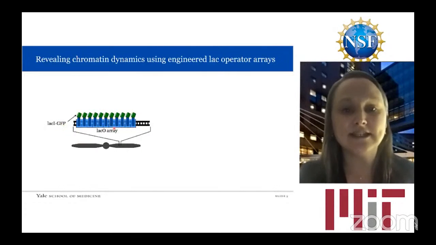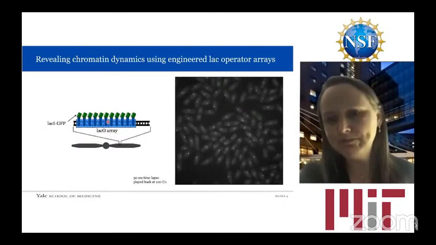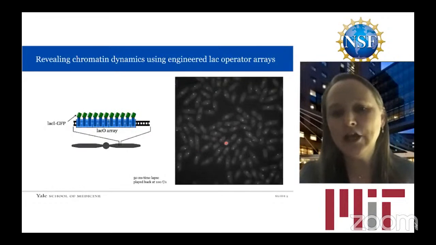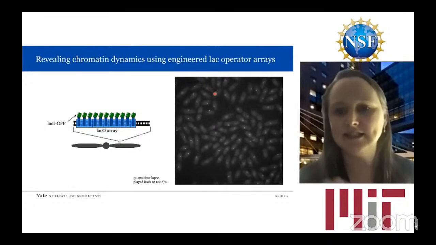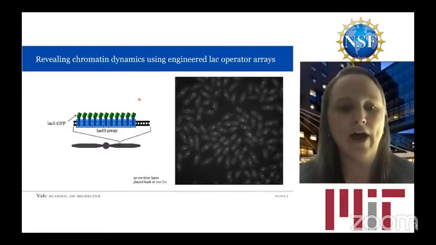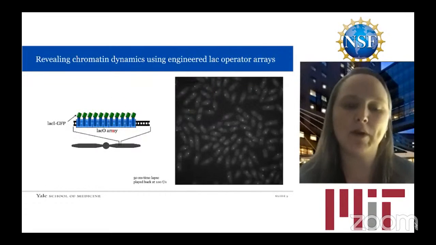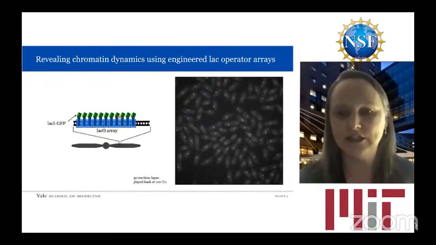This allows us in the microscope to monitor the position of a region of the chromatin over time. Here I'm showing you an example of a field of fission yeast. You can see that each of these is an individual cell, and there's one locus lighting up per cell, and the position of that depends on where we have inserted the lac operator into the genome.